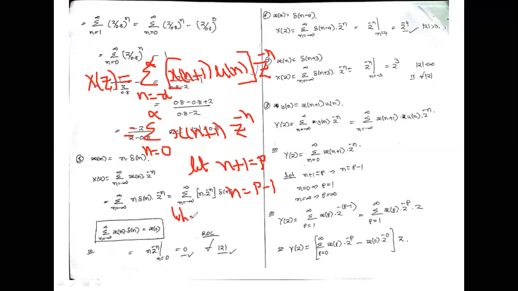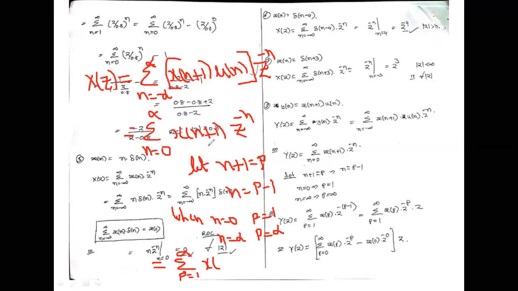When n is equal to 0, the first limit, p is equal to 1. When n is equal to infinity, p is equal to infinity plus 1, which is nothing but infinity. Got it? So the sum now runs over p from 1 to infinity.